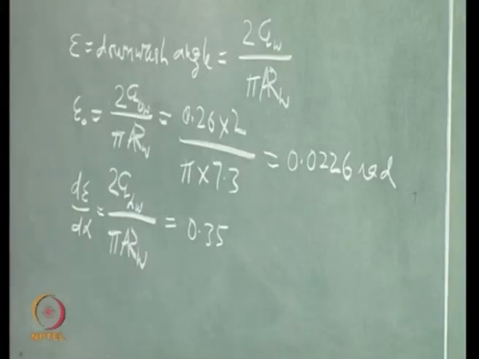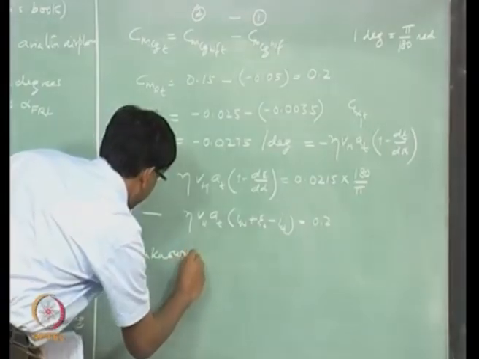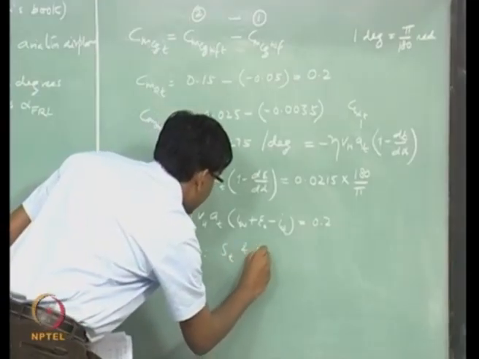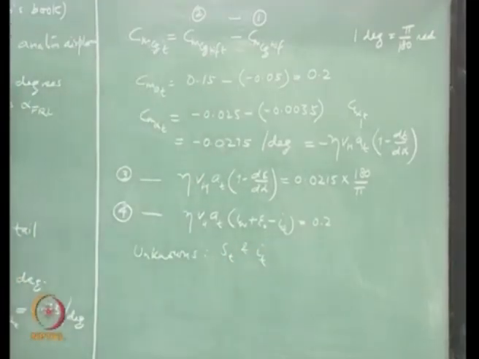Okay. Now we have two equations, with unknowns S_T and i_T, right? Everything else is known.